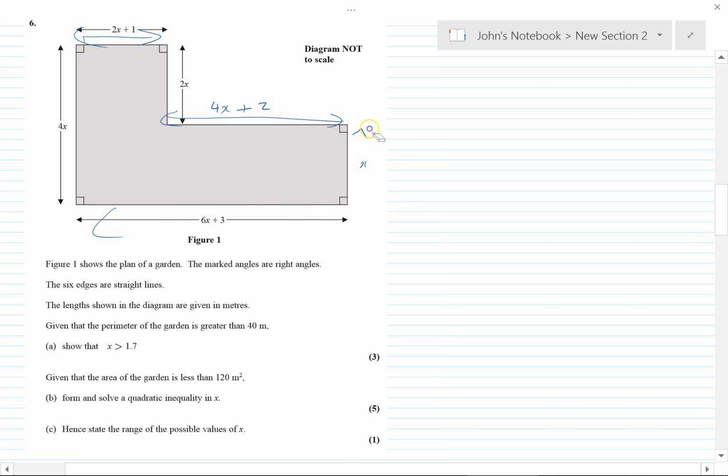Okay, so that's 2x. Okay, so it says so that x is greater than 1.7. So for part A, which is saying the perimeter must be greater than 40. So that's saying let's go around.